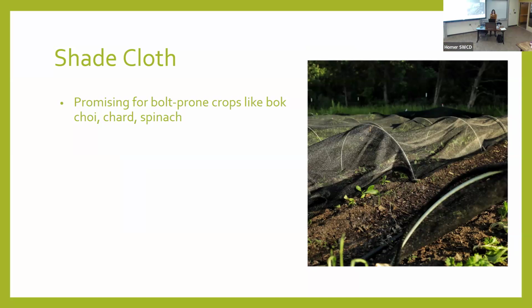Not very many people use this that we're aware of in Alaska, but we think it's promising for bolt-prone crops because you're blocking out sunlight. The issue with bok choy, chard and spinach here is that they bolt because we've got so much sunlight. If you introduced a shade cloth like this, maybe you could solve that problem. If anybody wants to try it, report back to us. We'd love to hear.